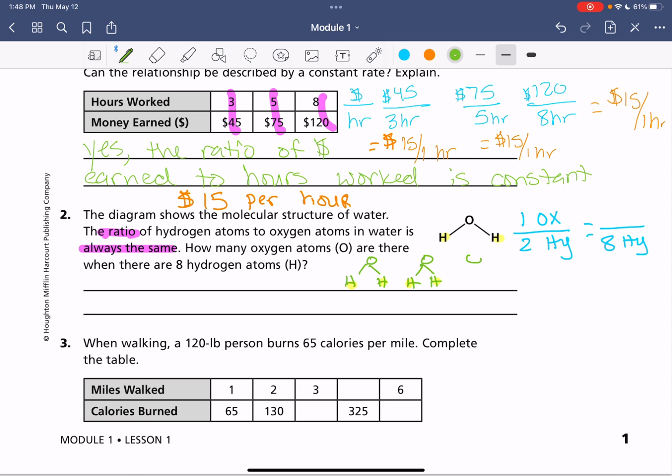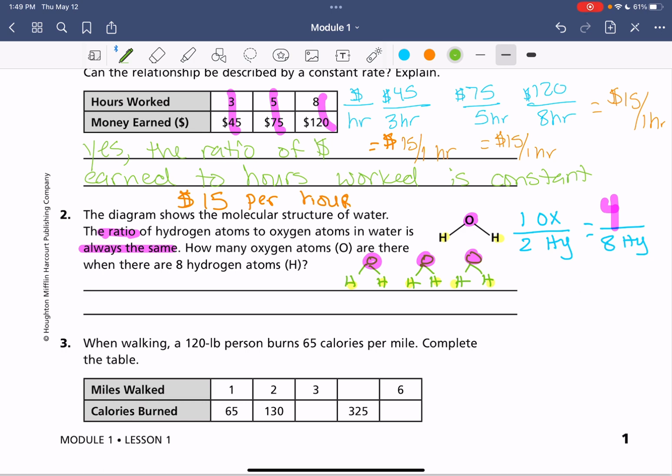Need 1 more. 7 and 8. So when we figure that out, we see that we have 1, 2, 3, 4 oxygen. But what we can also do, if this number were bigger, we would want to know how to solve this without having to draw pictures. Say there was 200 or something like that involved, a much bigger number.